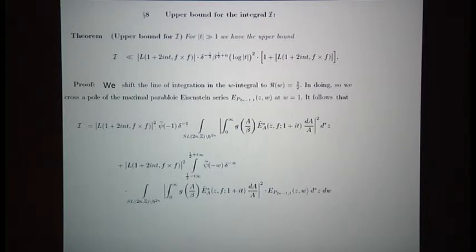The next term is the integral over the 1/2 line. For the top term, we use the Maass-Selberg relation, and also for the maximal Eisenstein series, we use our previous bounds, as well as the Maass-Selberg relation. So that's the upper bound.